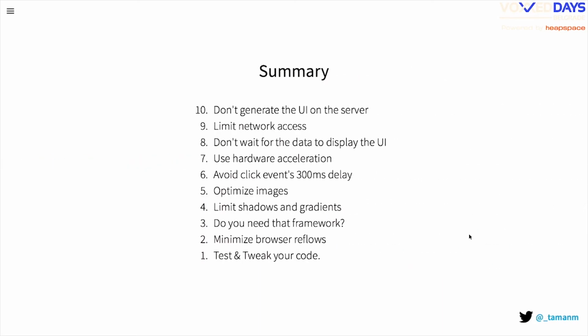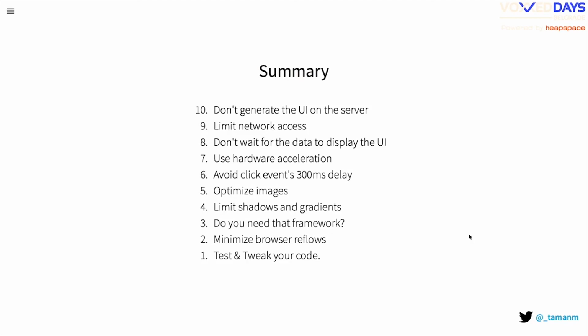This is the final one. We have talked about how you don't have to generate your UI on the backend server. Limit your network access by caching and by limiting the result length and width. Don't wait for the data to view your UI. Use hardware acceleration. Avoid clicking, especially for mobile devices.